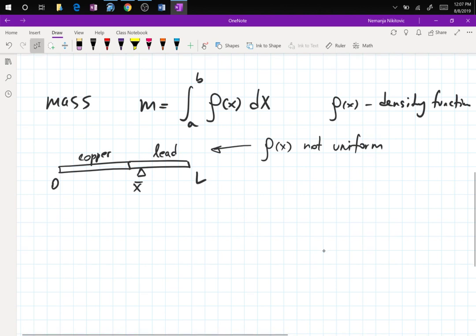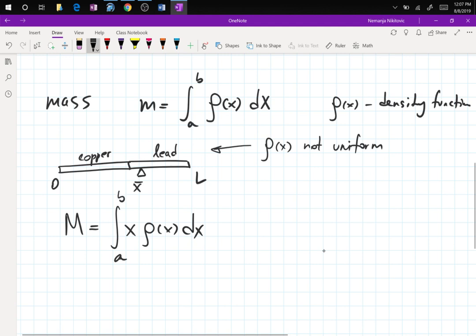So now, how do we find the x bar? Well, what you calculate first is the moment around the point where the center of mass is. And that is given as the integral from a to b of x rho of x dx.